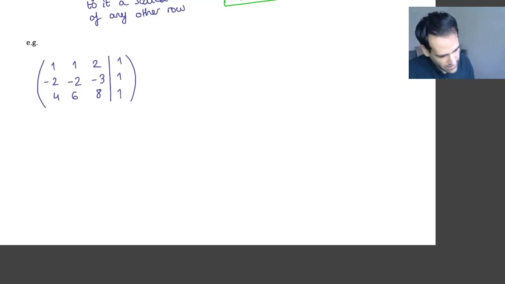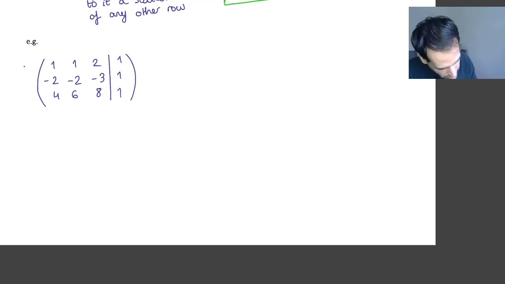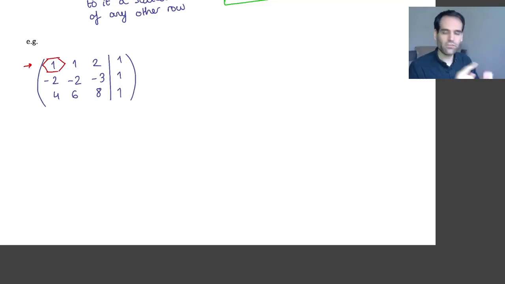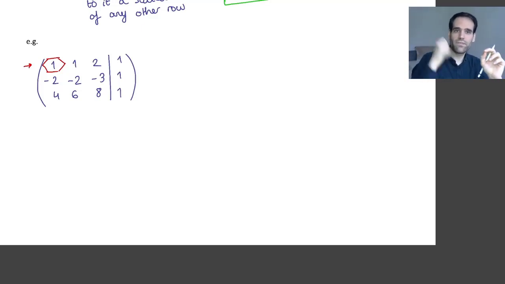What I do is I start from the first row, and I ask, does the first row have a pivot? Yes, it has this pivot, the first non-zero number. So let's use that number as the pivot for the first row. Now we need the second row to have a pivot, and the pivot for the second row needs to be to the right of the pivot of the first row.